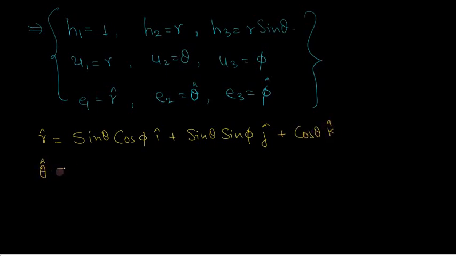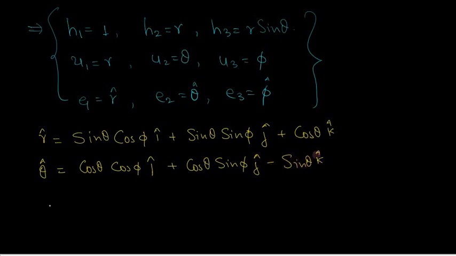Your theta cap will be cos theta cos phi i cap plus cos theta sine phi j cap minus sine theta k cap. Your phi cap will be minus sine phi i cap plus cos phi j cap.